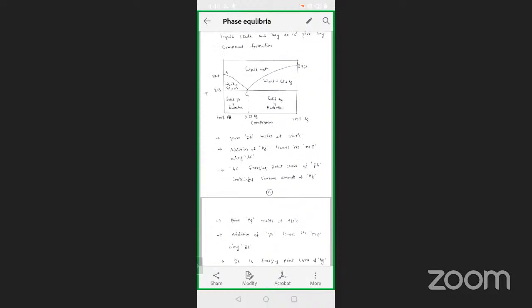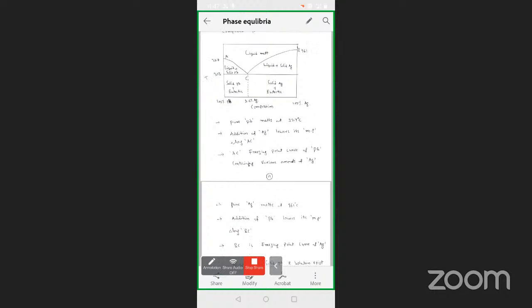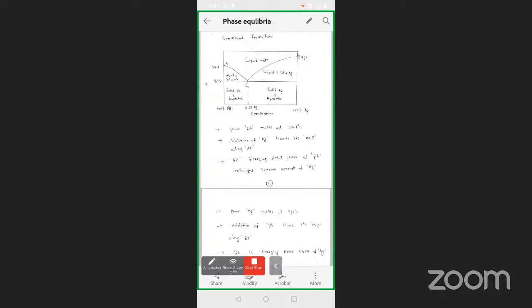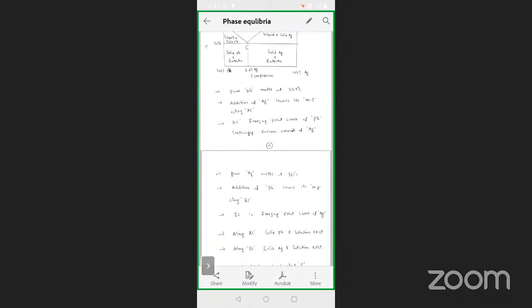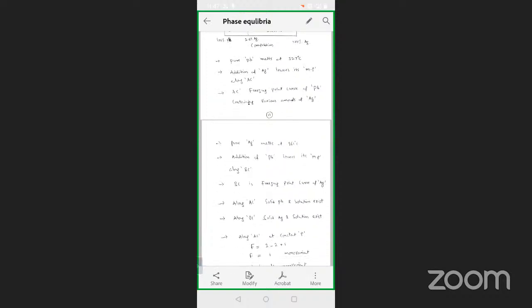And pure silver melts at 961 degrees Celsius. Addition of lead lowers its melting point along the BC curve. The BC curve is the freezing point curve of silver.